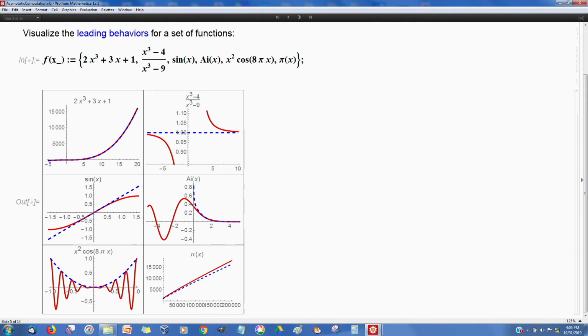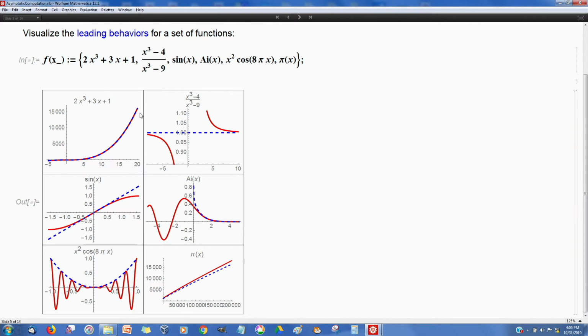The blue dotted curve is the asymptotic. So the first polynomial is asymptotic to 2x cubed. The second rational function is asymptotic to 1, as you can see. And sine x is asymptotic to x, etc. So the point is that this kind of asymptotic approximation you do all the time when you do calculus, and it's really what drives the whole of calculus 1, for example.